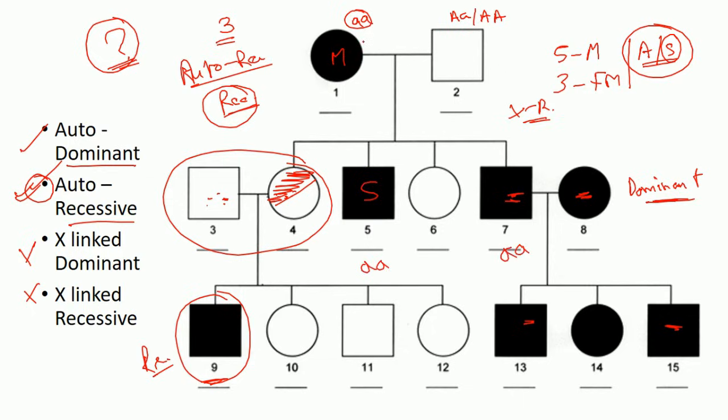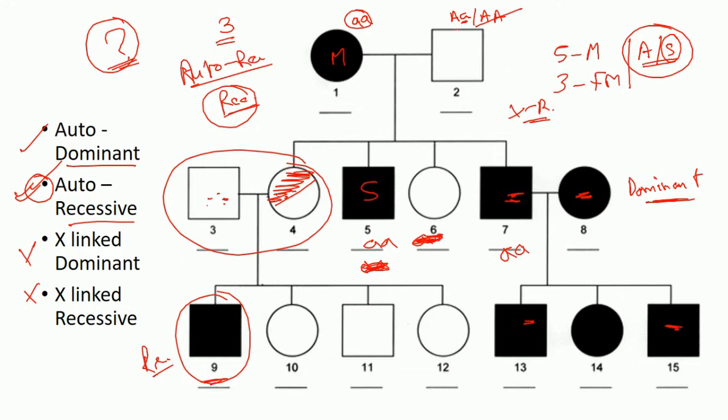In the next generation we have this one affected, and this one affected. So as these two individuals are affected, that means obviously the father should have a small a coming in. So we know for sure that the genotype for the father will be capital A small a.